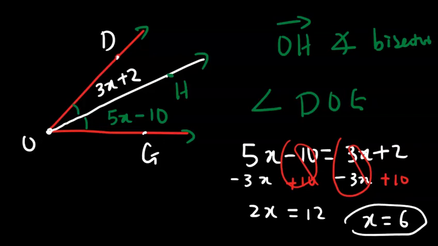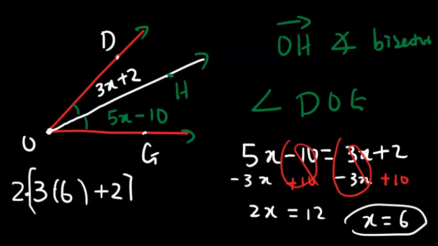If the question said continue, I want to know the angle measure of DOG. What do we do? We can do 2 times 3 times x, which is 6, plus 2. That would be the whole angle measure. Why? Because once you find one of them, you just double it. And I use this parenthesis to plug in x is 6.